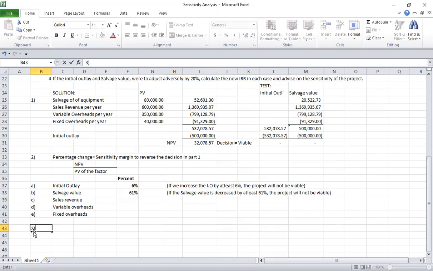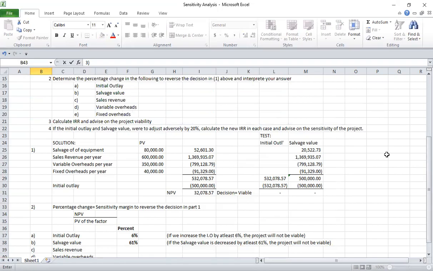And what does part 3 want? Let's look at what's required in part 3. Part 3 of the question says that we calculate what we call the internal rate of return, and then we proceed to advise on the project viability.